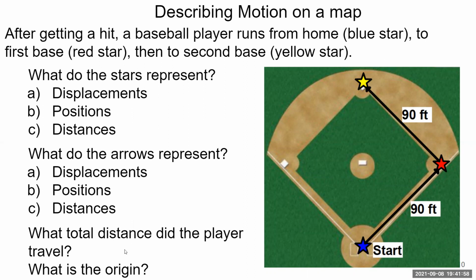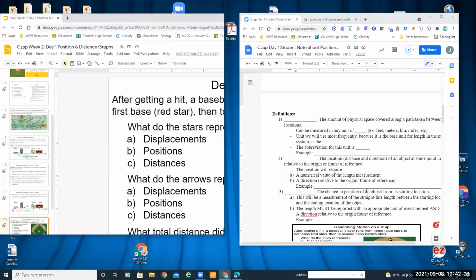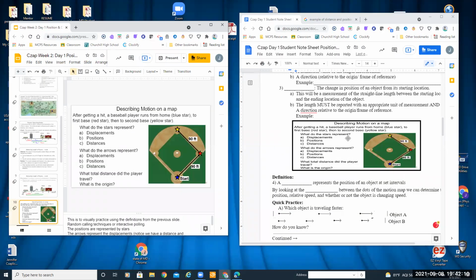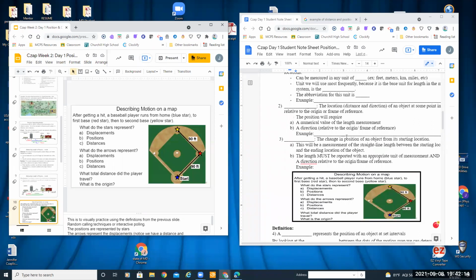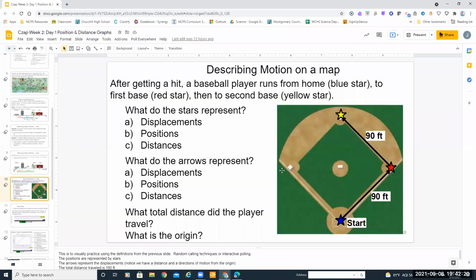What is the total distance that the player traveled? This is again multiple choice. And what is the origin? I suggest you pause this and record your answers on your sheet, where you have access to the definitions of the terms. I'm going to go over the answers. If you haven't paused it, please do so.